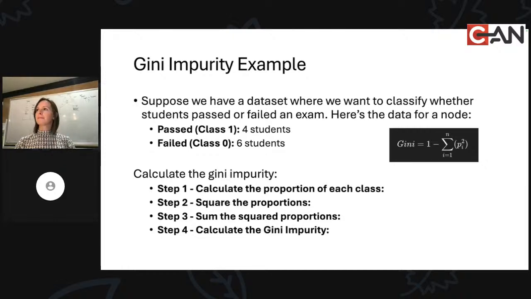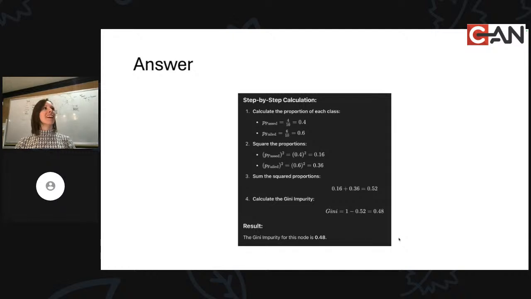Yep. You have a number? 0.48. There we go. 4 out of 10, 6 out of 10. Square those numbers, add those numbers together, and we get 0.48.